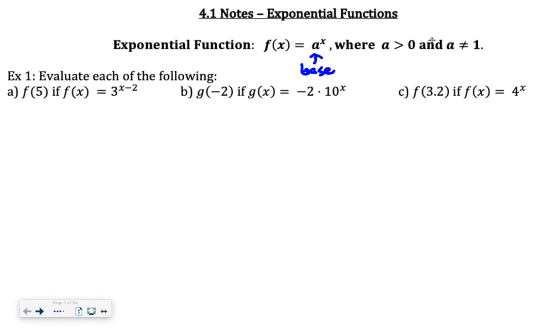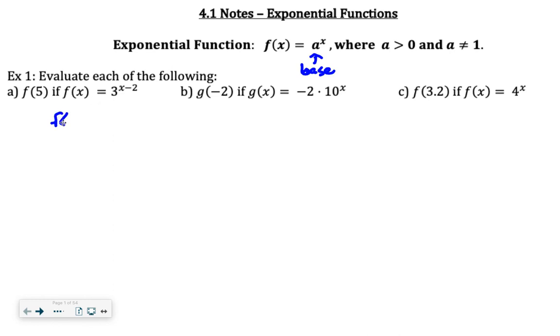And now we're saying the base has to be a positive number, and it can also not be 1, because if the base were 1, right, 1 to any power is just 1. So real quick, let's just take a look at evaluating some exponential functions. So f of 5 in this case means I'm plugging 5 in place of x.